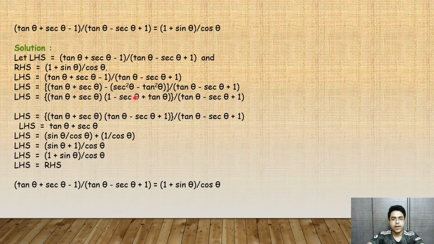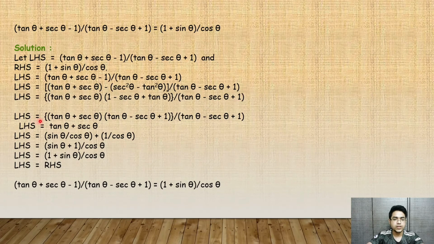You can multiply this term and you will get the same term, tan theta plus sec theta minus (sec square theta minus tan square theta), divided by tan theta minus sec theta plus 1.